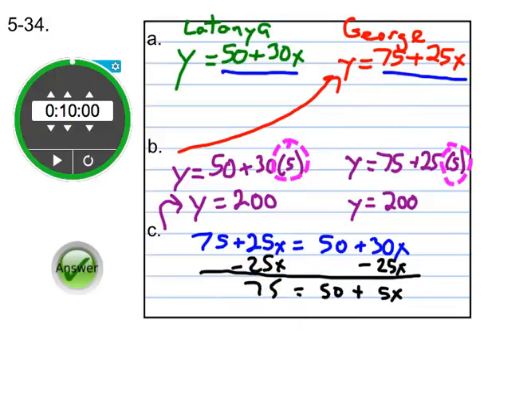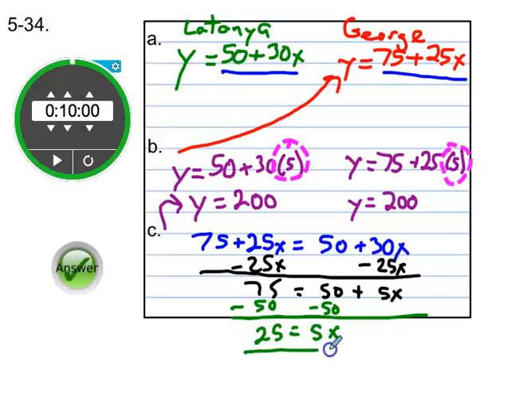Okay, so what's the next step? I have to isolate the variable. So what happens if I subtract 50? The inverse of adding 50 is subtracting 50. What do I get? I have 25 equals 5x.